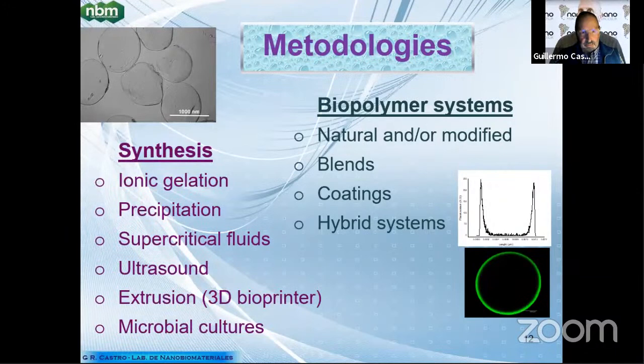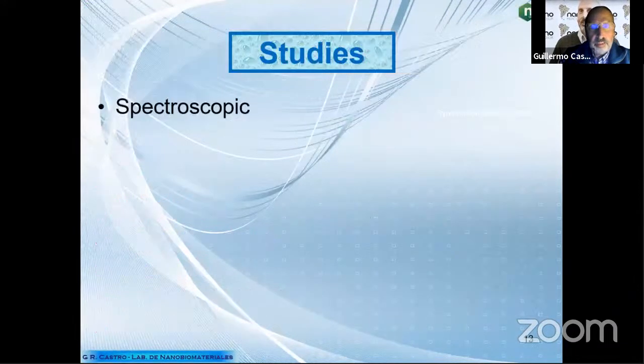So right now it's a challenge to produce large scale nanoparticles with supercritical fluids, ultrasound, extraction, a 3D bioprinter, and microbial cultures. So those are the main procedures to produce drug delivery systems and hybrids.